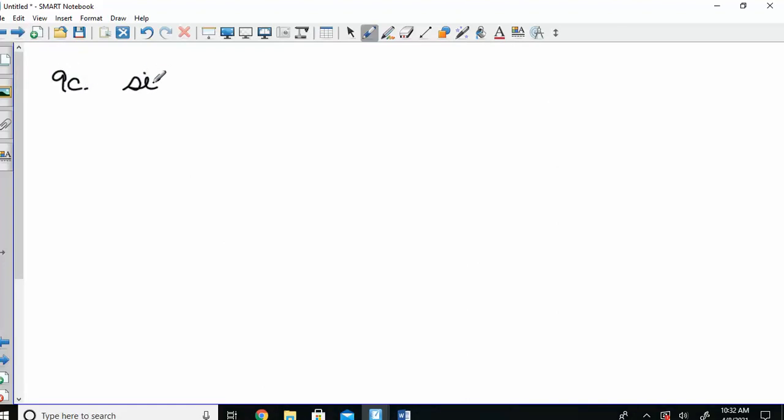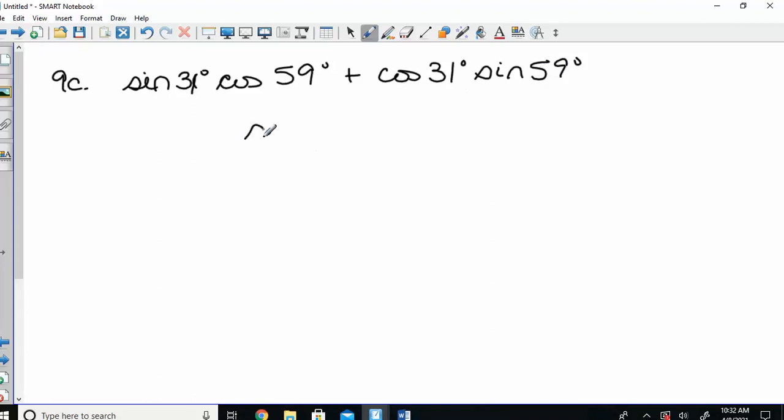So we have sine of 31 degrees cosine of 59 degrees plus cosine 31 degrees sine 59. So you're looking for a formula that's sine A cosine B plus cosine A sine B. So looking at your formula sheet, which formula is that?